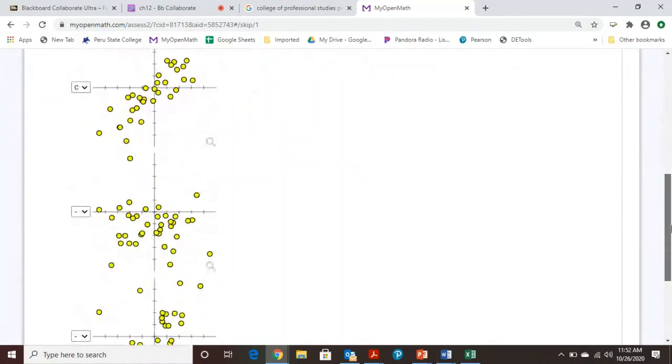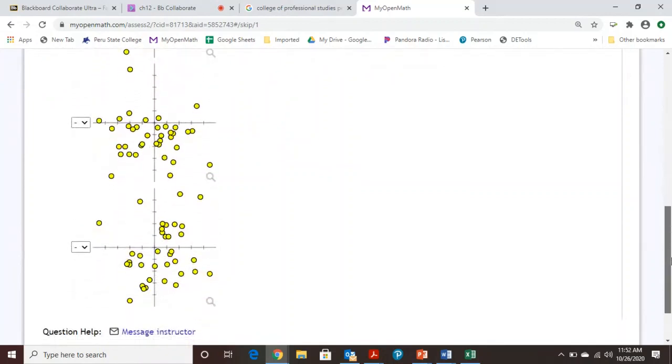All right, so looking at these two that are a bit of a mess, this one seems kind of negative, doesn't it? That last one looks kind of negative. I don't know. No, I think the first one looks more negative. The second one looks more positive.